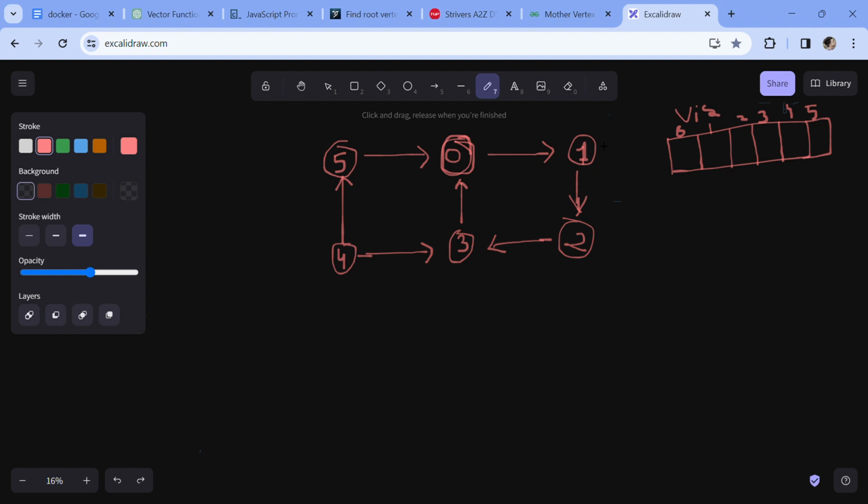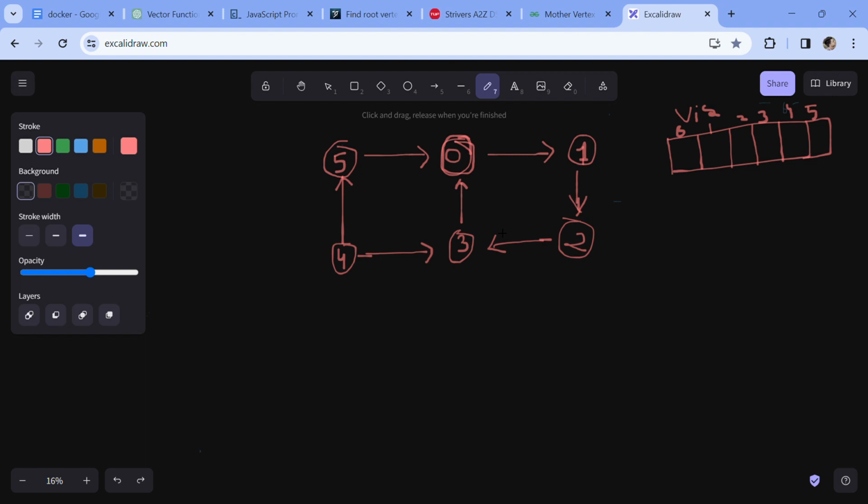From 1, the DFS call goes to node 2, and from node 2 we can go to node 3. From node 3 we can go to node 0, but node 0 is already visited. So my DFS will stop here.